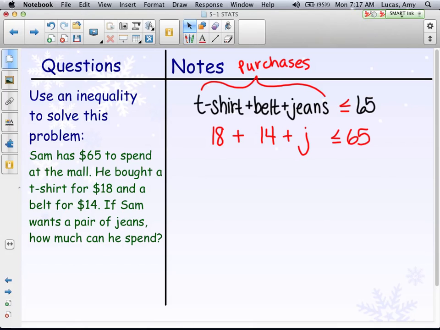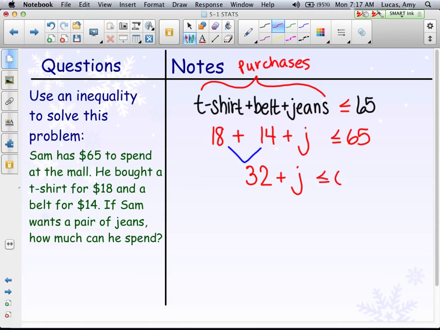I can combine the 2 like terms that are on the same side. 18 plus 14 is 32. And then I just need to do a little subtracting. So subtract that 32.